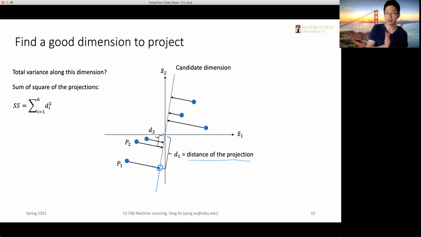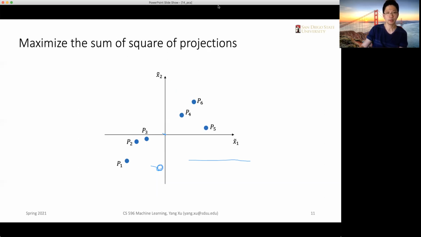No matter how the candidate dimension changes, we can always get the projection, measure the distance of each projection, and sum up the sum of squares. That sum of squares is the quantity we want to maximize, right? Because we want as much variance as possible.